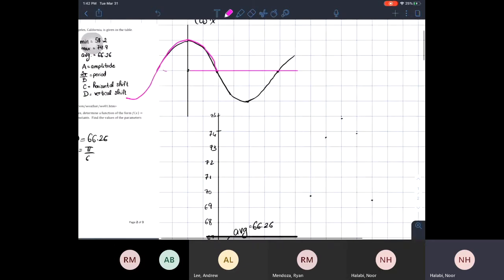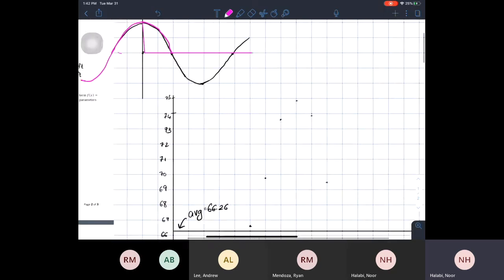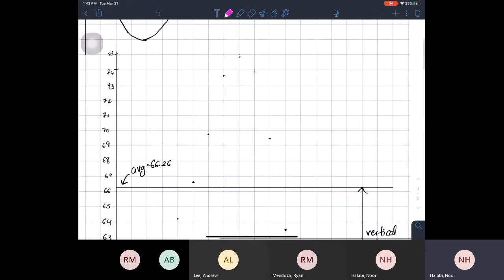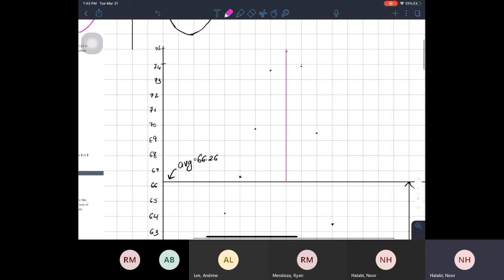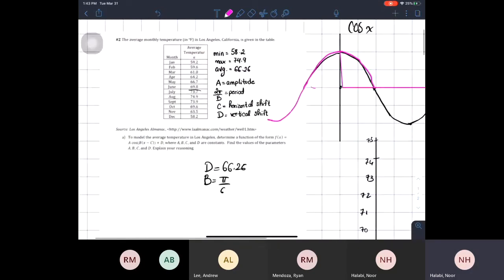The amplitude, as you can see, is from the x-axis until the vertex. So basically, it's going to be from the average up until the highest point that I have. The highest point I already identified was 74.9.